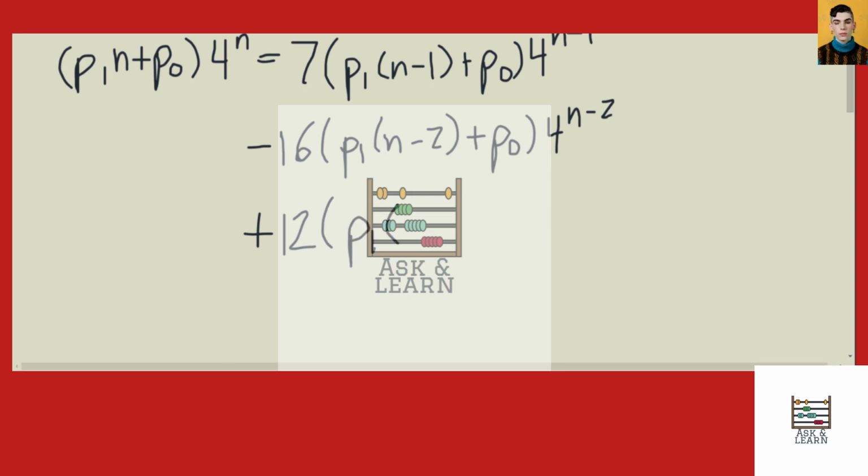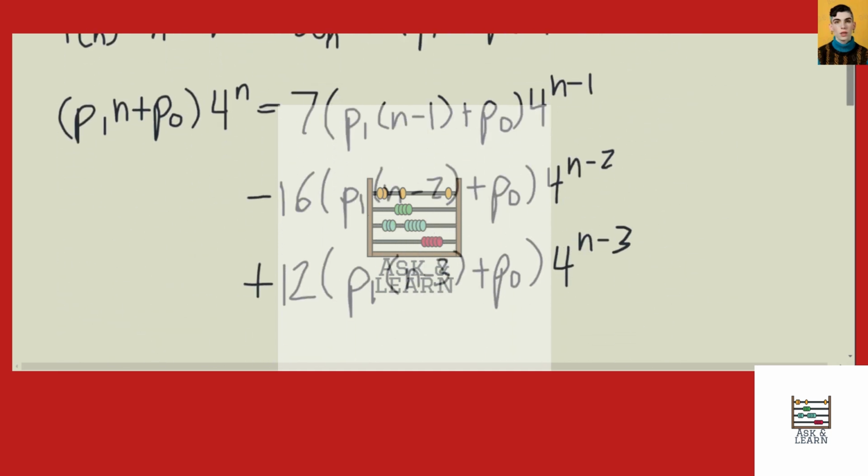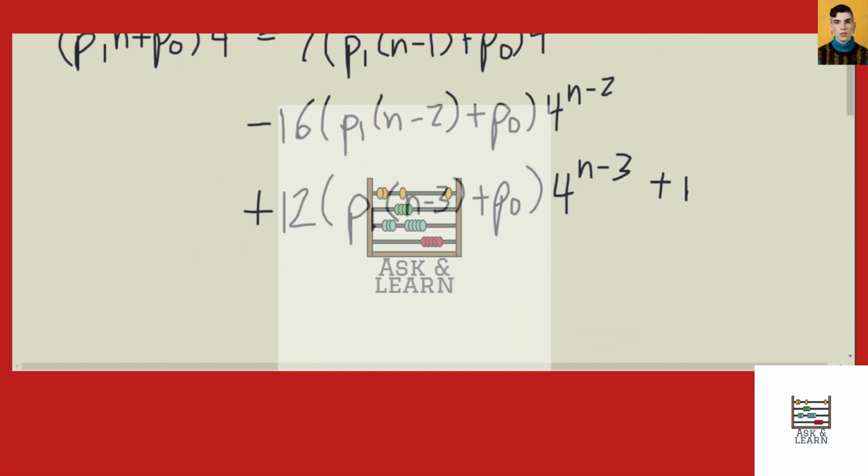This is plus 12 times p_1 times n minus 3 plus p_0 times 4 to the n minus 3. And lastly, plus n times 4 to the n.